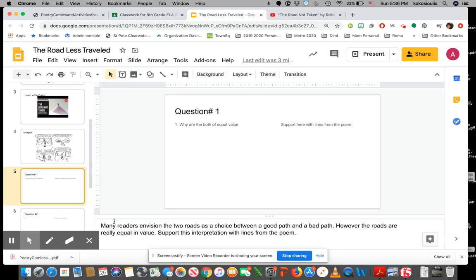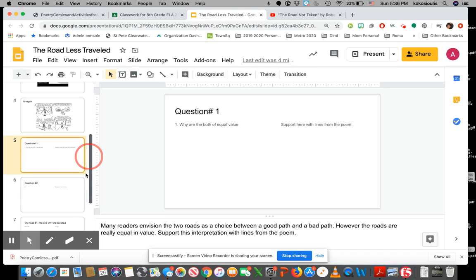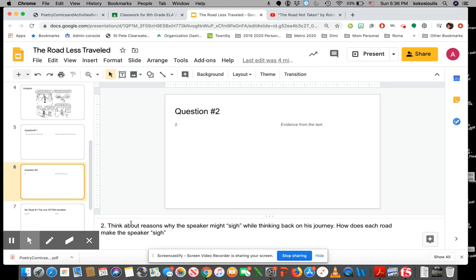Many readers envision these two roads that Frost is talking about as the choice between a good road and a bad road. However, the roads are really equal in value. That means it's not good and it's not bad. So support how the roads are equal in value. And then question number 2 asks: think about reasons why the speaker might sigh while thinking back on his journey.